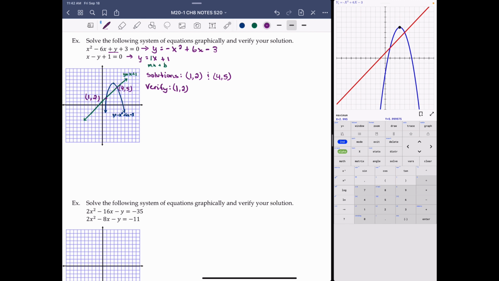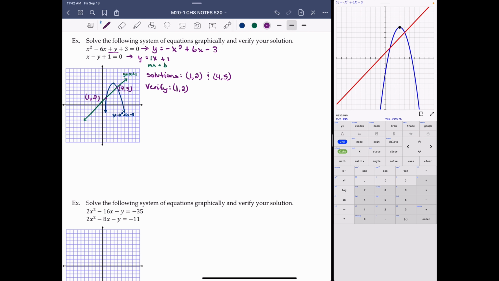Make this bigger. Okay, let's sub in our information. Y is 2 equals negative bracket 1 squared. Notice how the negative was already in there. It's a negative in front of x squared. It's not a negative x and then squared. So the negative's in front of the brackets. Plus 6 times x, which is 1, minus 3.